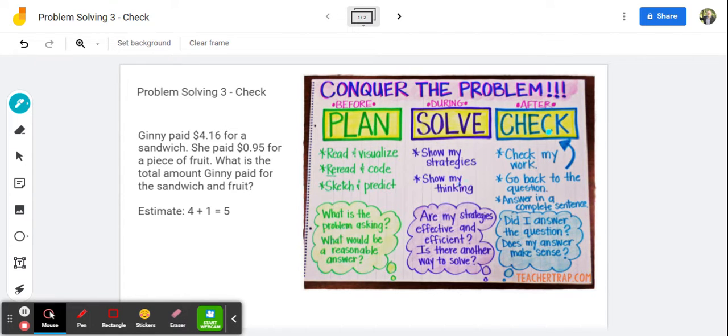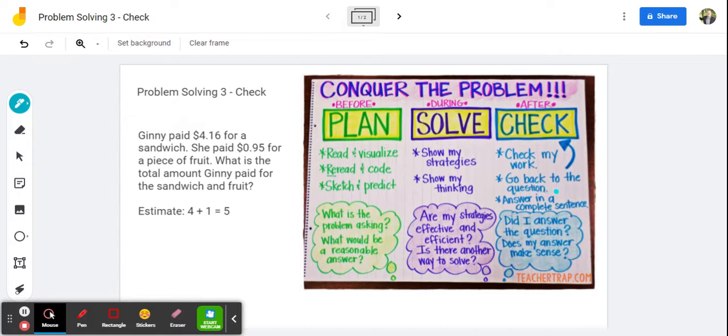So in the check phase, we are going to check our work. And that's kind of what we did in the solve phase by solving it two different ways. We got 511 with a picture and also using the standard algorithm by stacking the numbers over top.